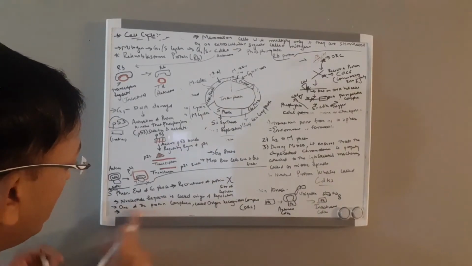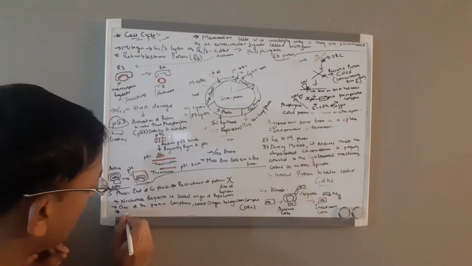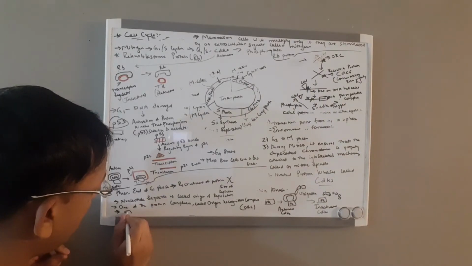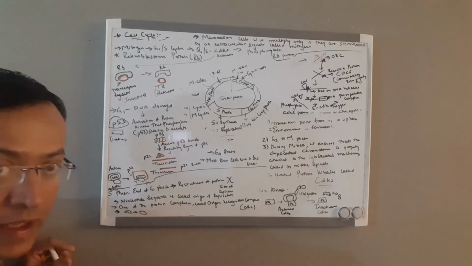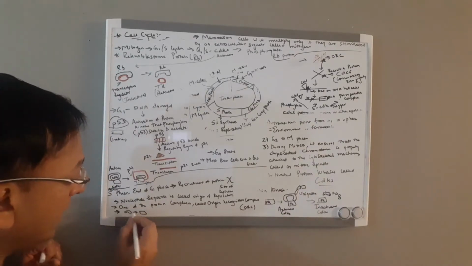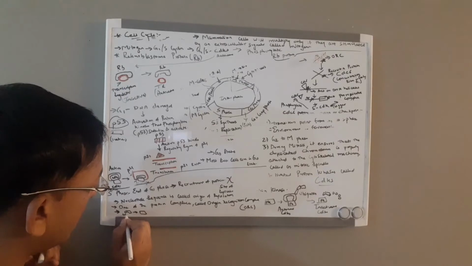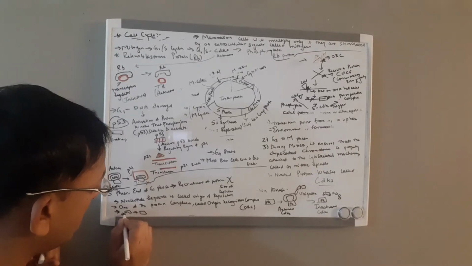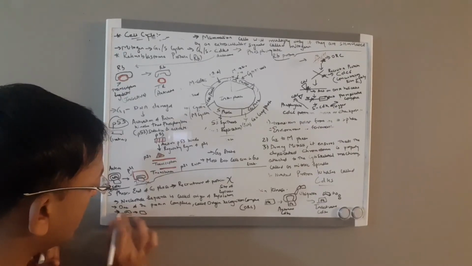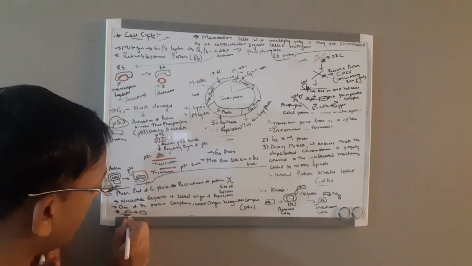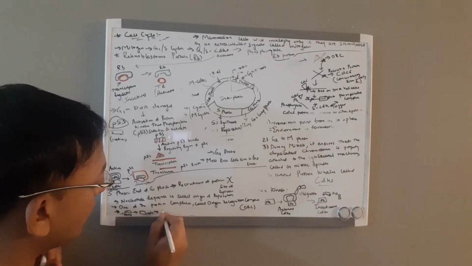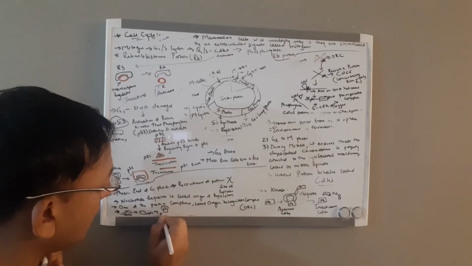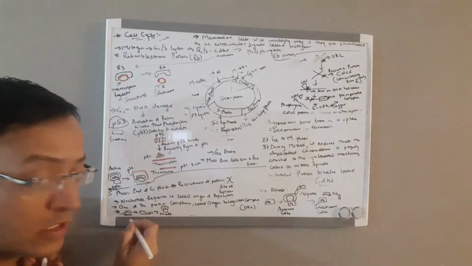So I will show you. We have CDK and our protein kinase, and together they become MCDK.